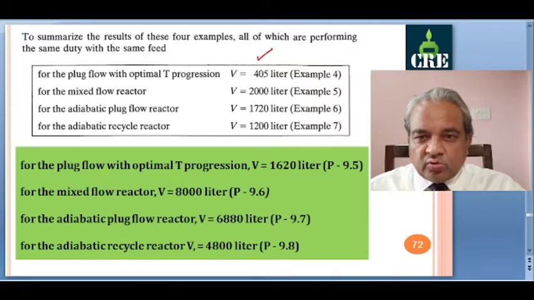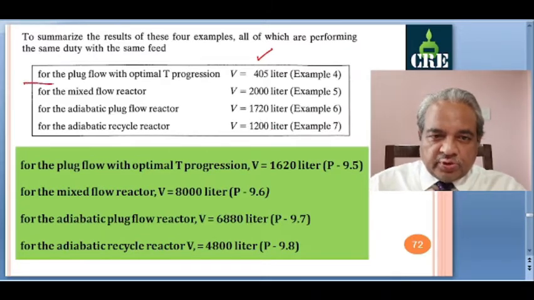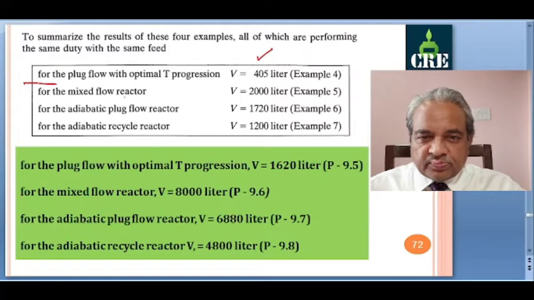Mixed flow reactor, 2000. And adiabatic recycle reactor, 1200. Okay, so you can see here in adiabatic reactor it is 1200. So far, before studying this optimal temperature progression business, if we apply the previous things, naturally the recycle reactor will get the minimum because it is the best combination of plug flow and mix flow.